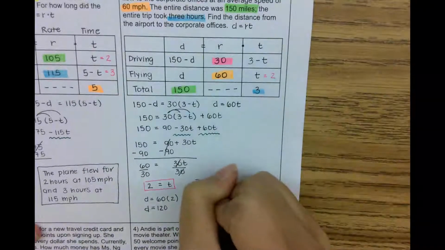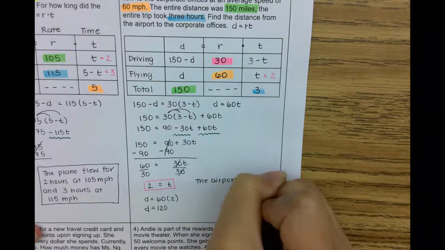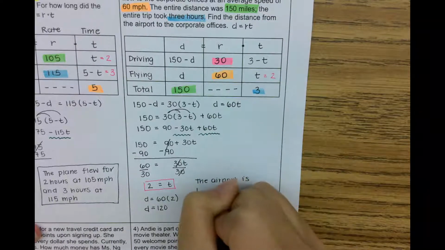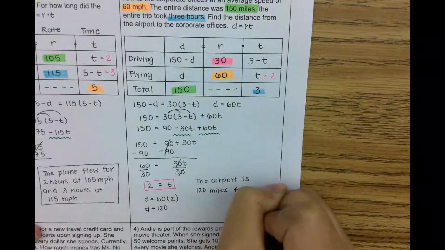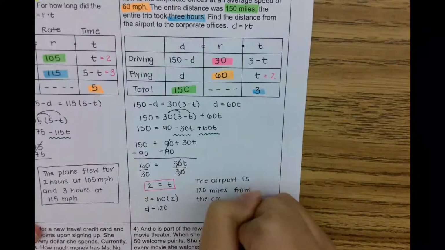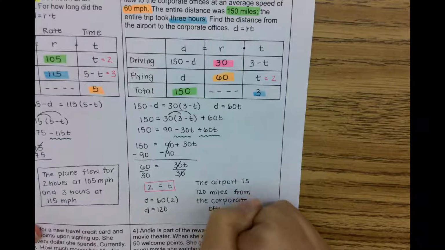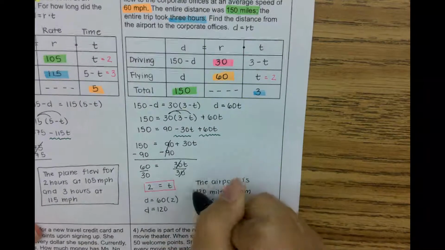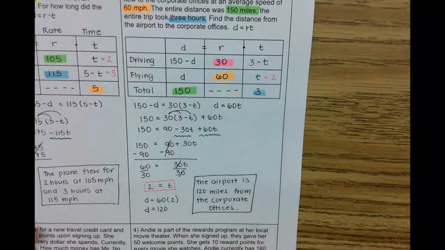So the airport is 120 miles from the corporate offices. And I know that because that's the distance he spent flying.